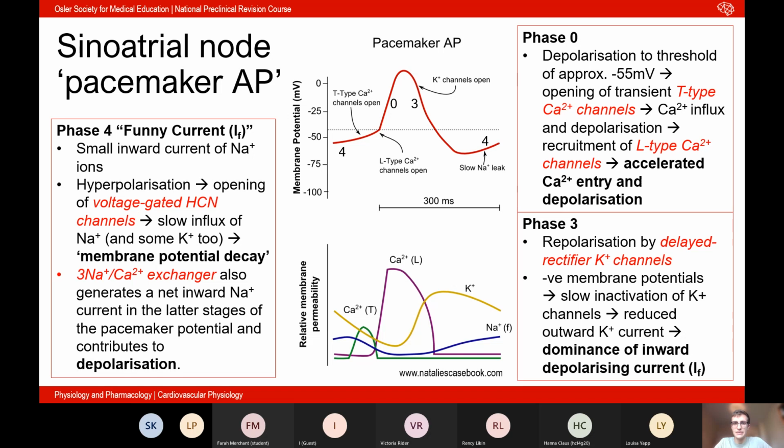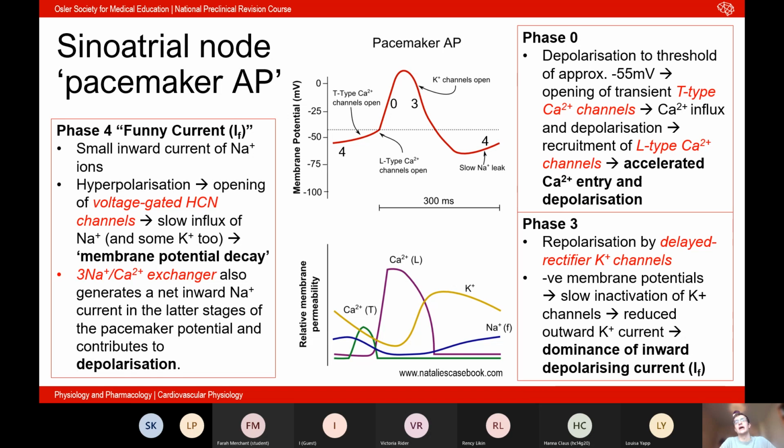The first is this T-type calcium channel, which is a transient channel. And then that causes the membrane to depolarize a little bit when those L-type calcium channels that we've seen before also open, and that accelerates calcium entry and causes depolarization of the cell. Phase 3 repolarization is mediated by delayed rectifier channels once again.